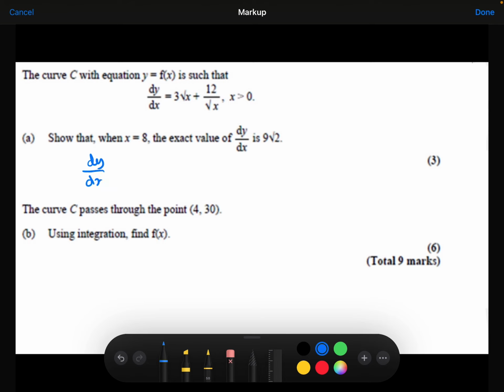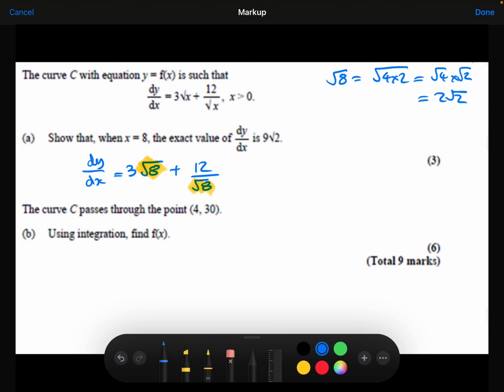So let's do that. dy by dx is equal to 3 root 8 plus 12 over root 8. Now, root 8 can be rewritten as 2 root 2. Remember, that's the same thing as the square root of 4 times 2.